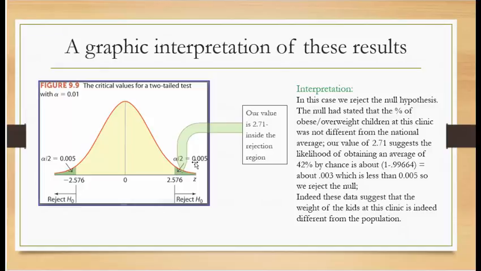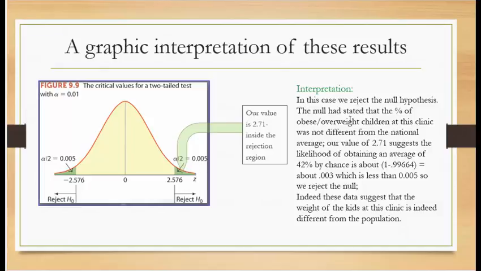And our value, 2.71, falls in the green area right here, so it's outside of the border, so it's in the rejection region. So we reject the null hypothesis.